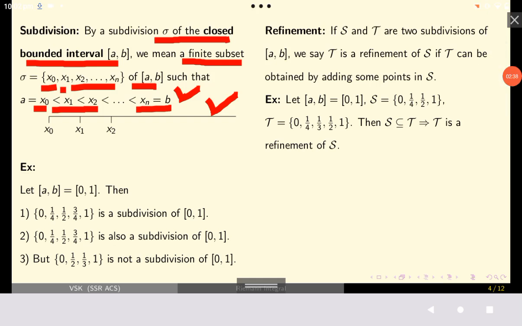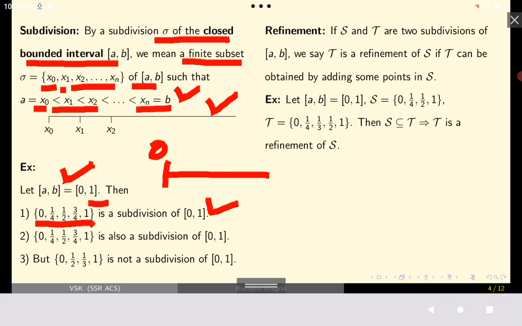Let us see some examples. Let AB be the closed interval 0, 1. Then 0, 1 by 4, 1 by 2, 3 by 4, and 1 is a subdivision of AB, because by definition it contains finite points and follows the inequality that 0, then 1 by 4, then 1 by 2, then 3 by 4, and then finally 1.